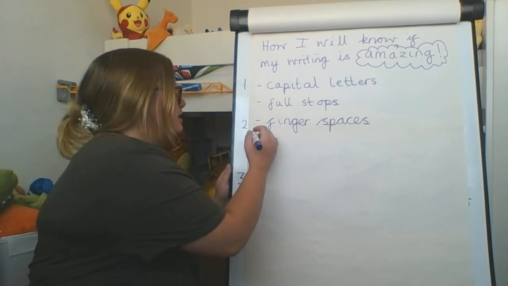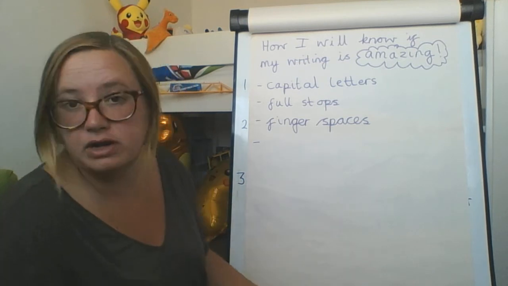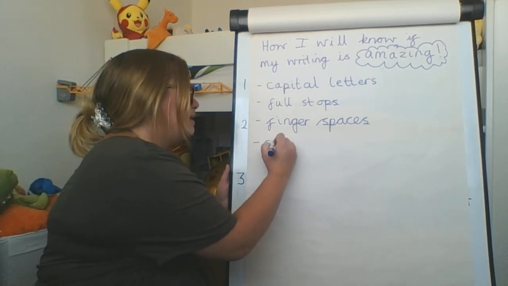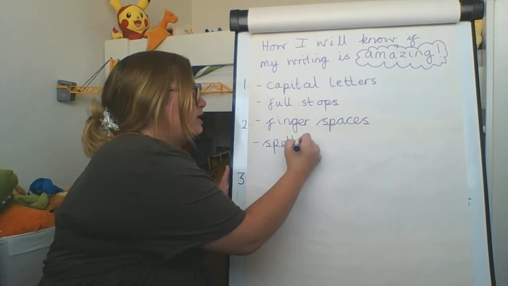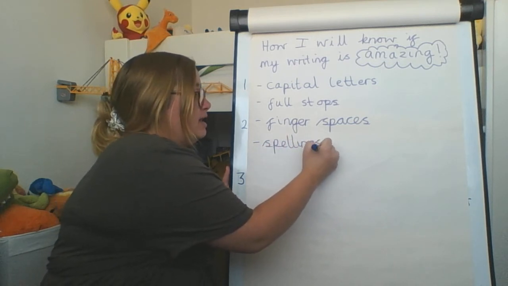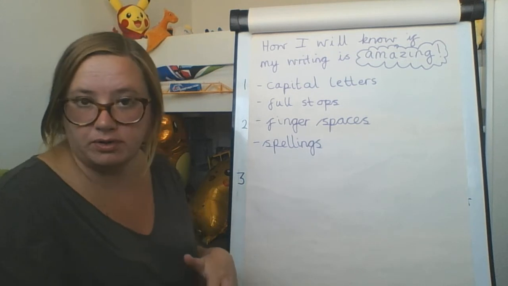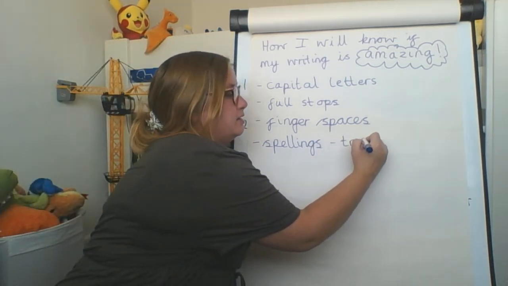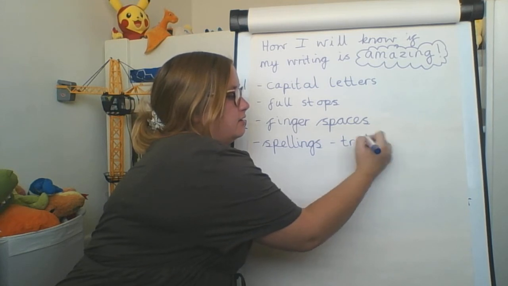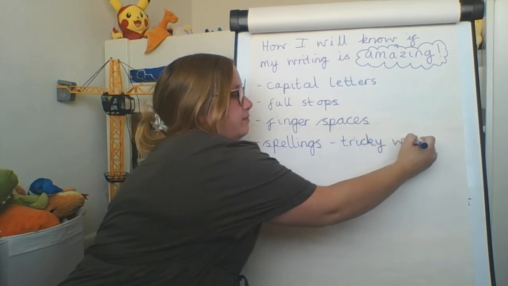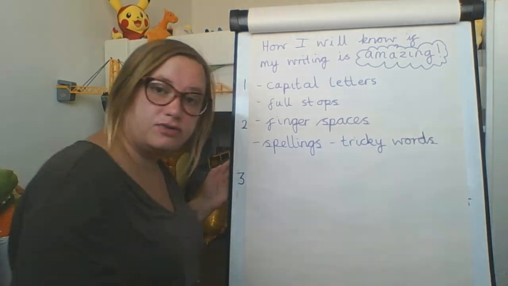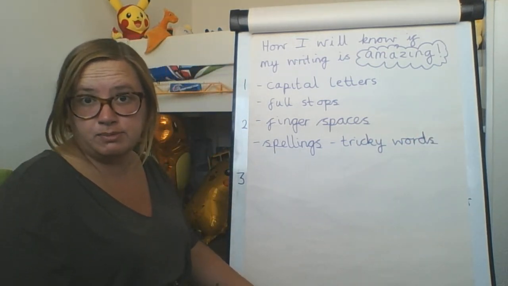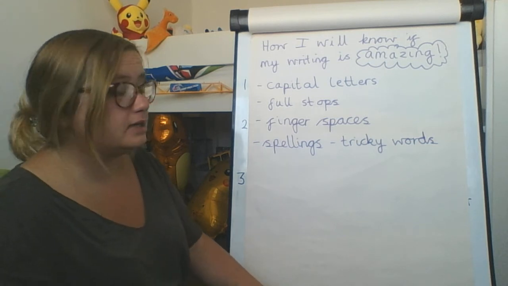Up next, I'm going to be looking at your spellings. Okay? Now, spellings are really, really tricky at times, but there are 2 different types of spellings that I'm going to look at. So I'm going to look at your tricky words. If you're not sure how to spell one of the tricky words, then you can find the tricky word songs on YouTube to help you out.